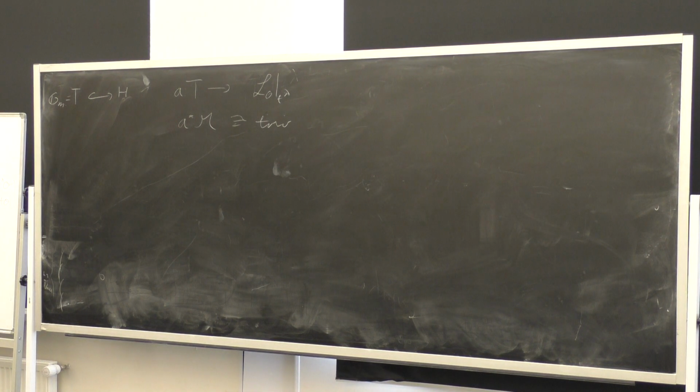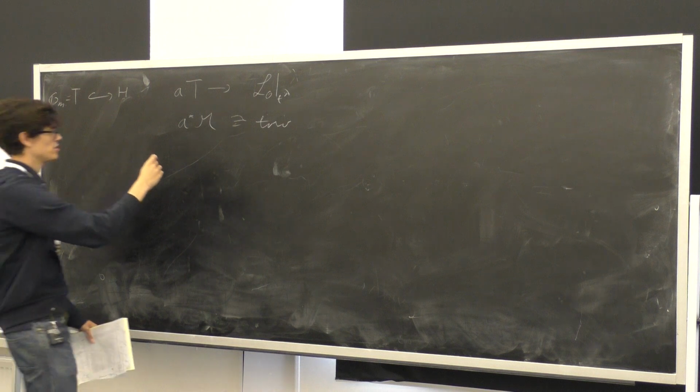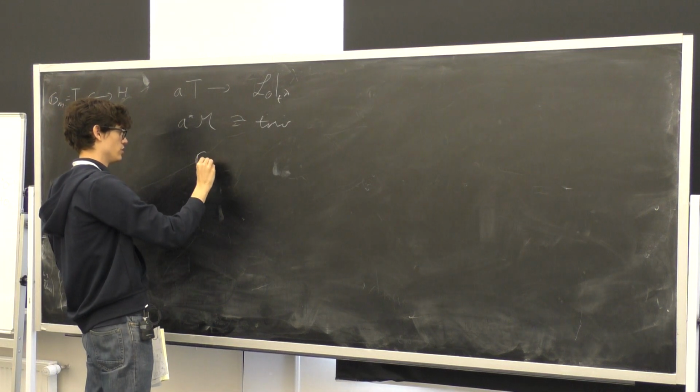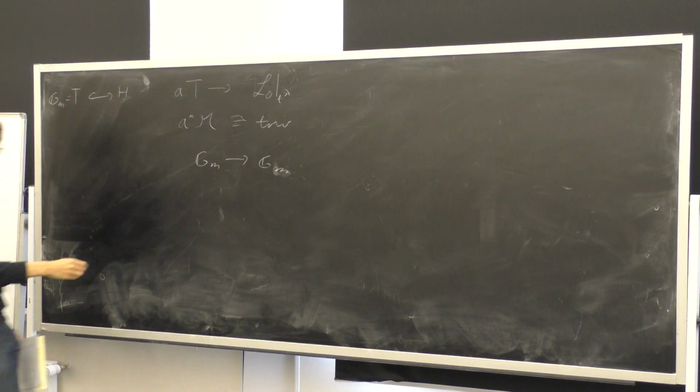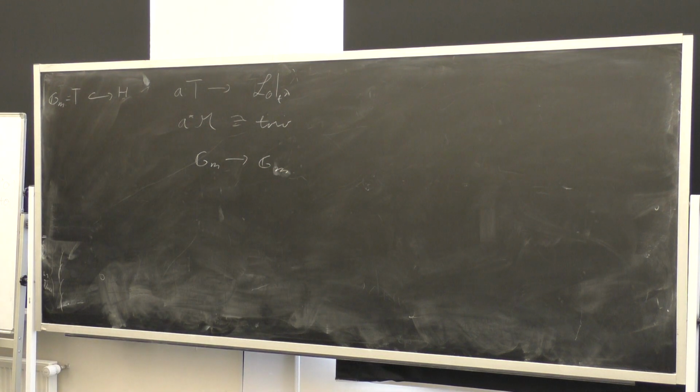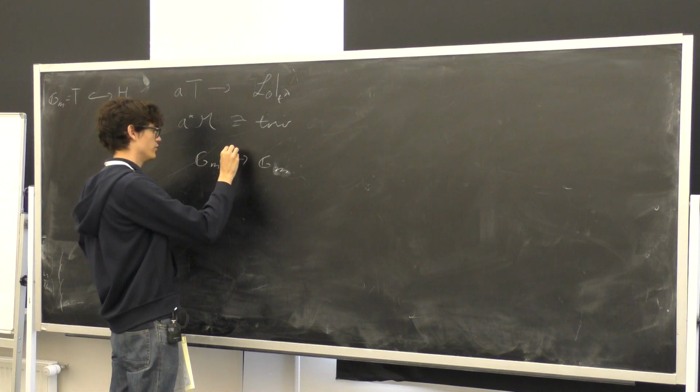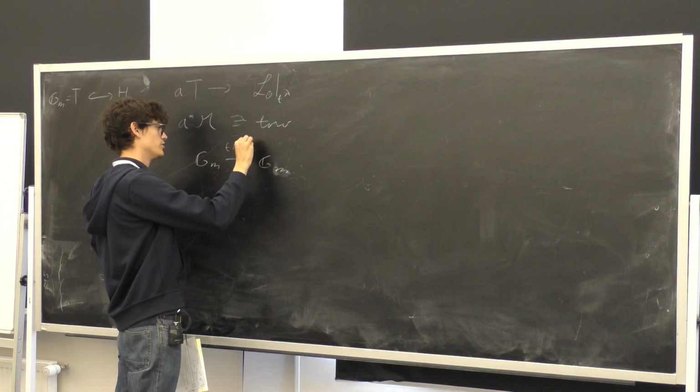Okay. But if we look at this map, it is just the map from G_m to G_m given by multiplying by 2n: t goes to t to the 2n.